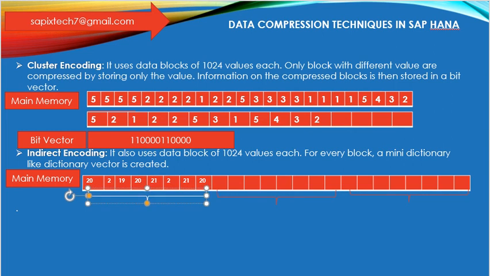Let me change its color so it will be visible to all of you. So this is block size 8. In the same way we have data like here 19, 1, 3, 4, 5, 6, 7, 8.